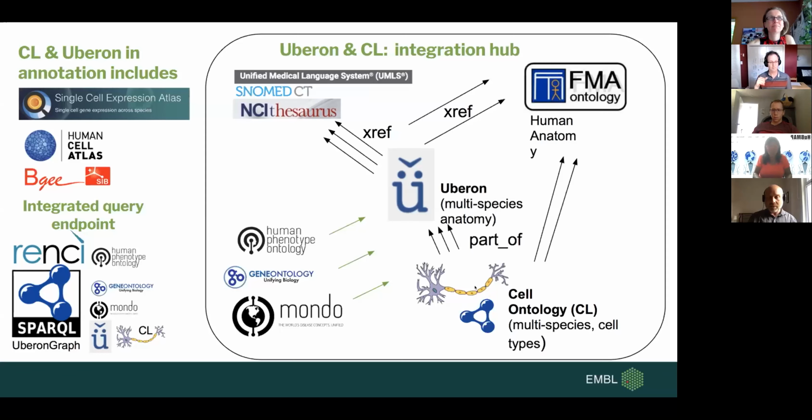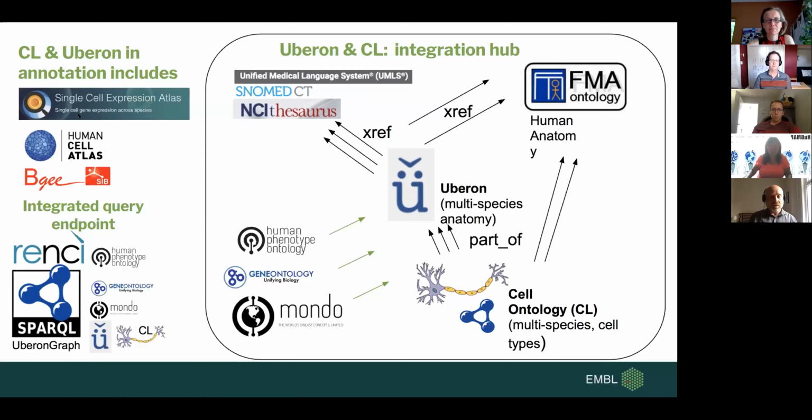There are direct part relation links between the cell ontology and Uberon, and Uberon is used to define terms in the human phenotype ontology, which is used massively to define human phenotypes. In the disease ontology, Mondo, and in the gene ontology, both. So all of these use the cell ontology and Uberon. It's quite a nice integration hub in a lot of ways, as well as being a store of knowledge.